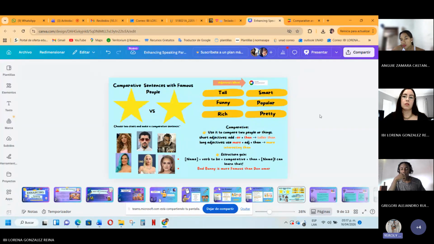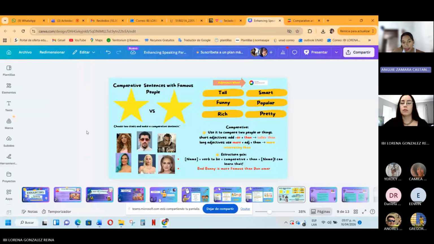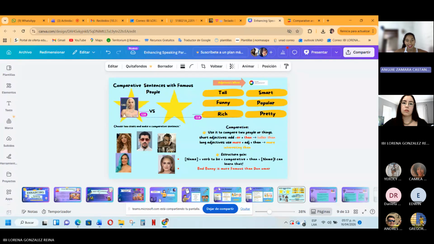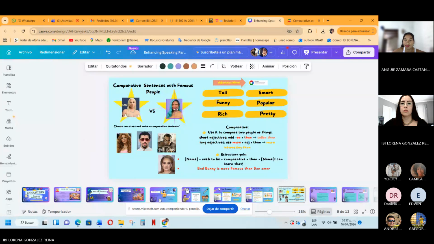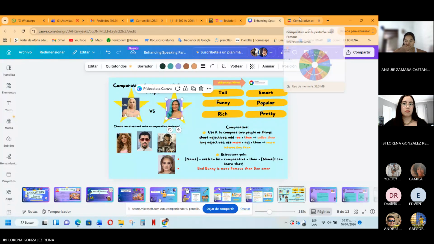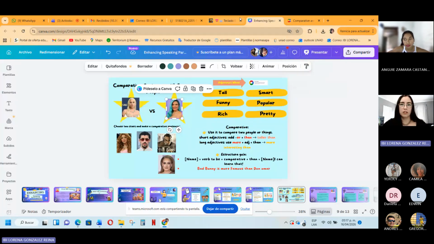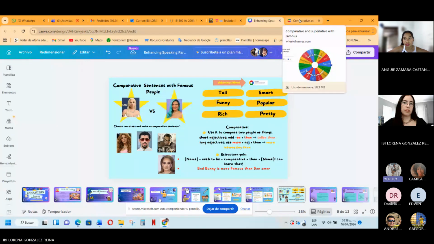Select the two famous people. Maybe Lady Gaga and Karol G. So, the roulette or no? Now, use the roulette for the adjective.